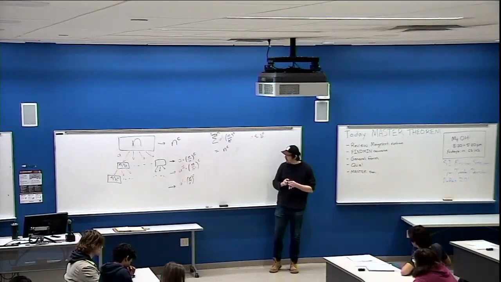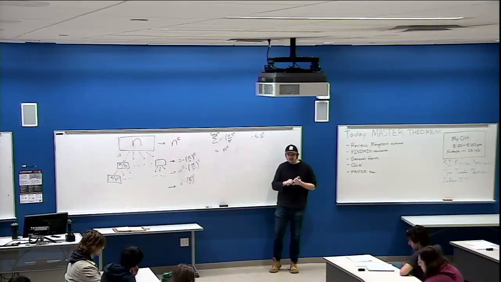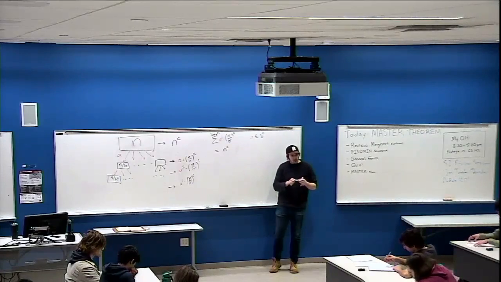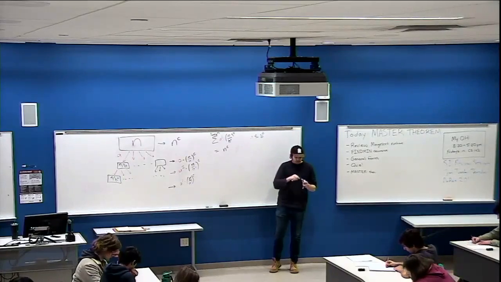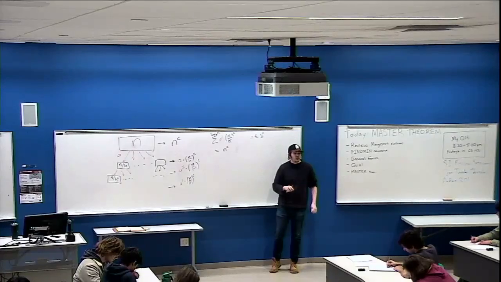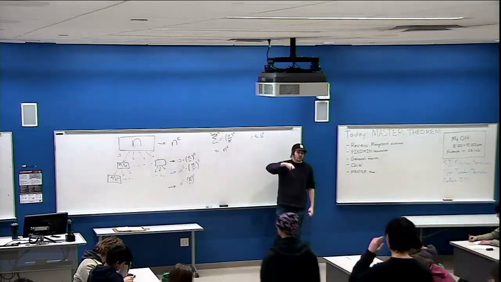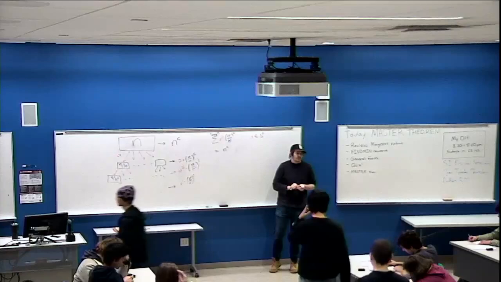But I'm going to turn our attention now to the quiz. I'm going to give you a chance to work this out on your own before I give you the answers. If you don't have the quiz, they're up here. What we're going to do with the quiz today is just the true and falses first, and then we're going to do the rest of it after. If you want to do the rest at the same time, you can.